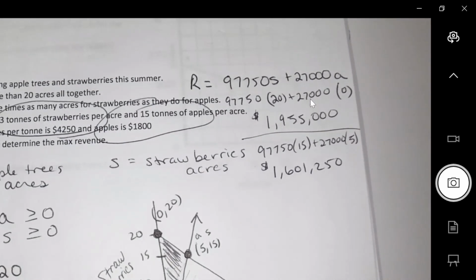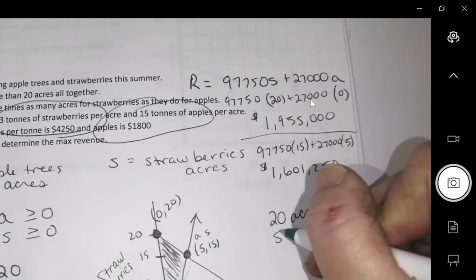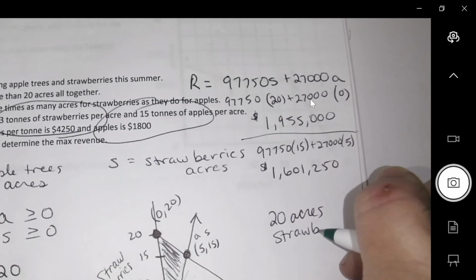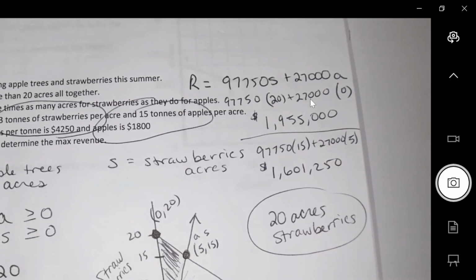So that's not as much money. So my best option is just to do everything with strawberries. That's the best option.